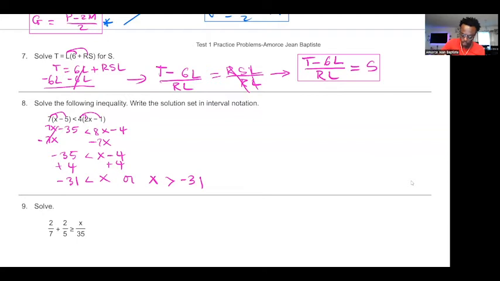So let me show you the look of the graph of this inequality. I like to always put 0 on my number line, and this 0, I put it just to show which side of 0 this number will be located.